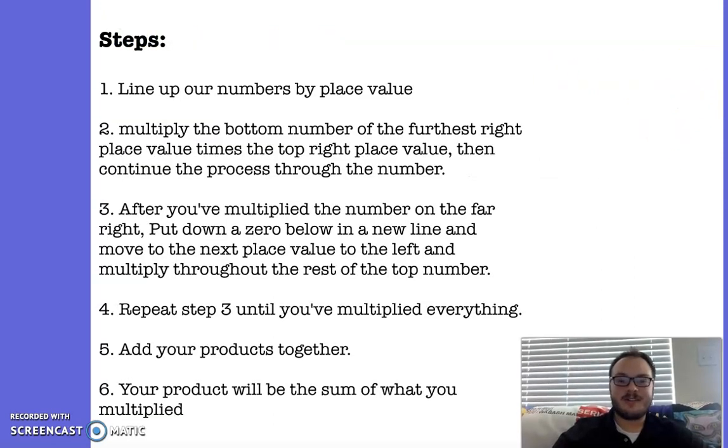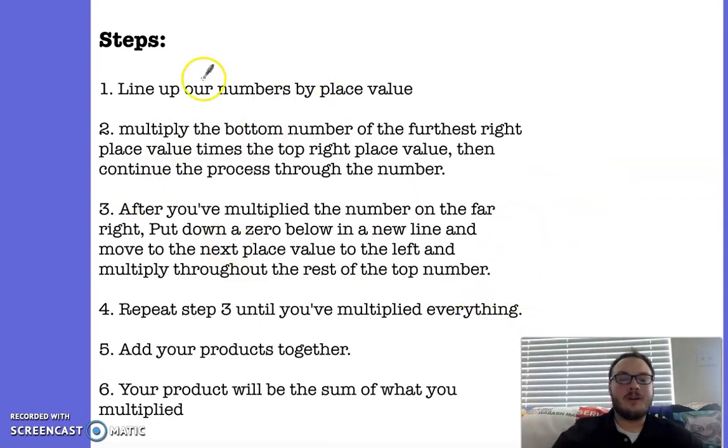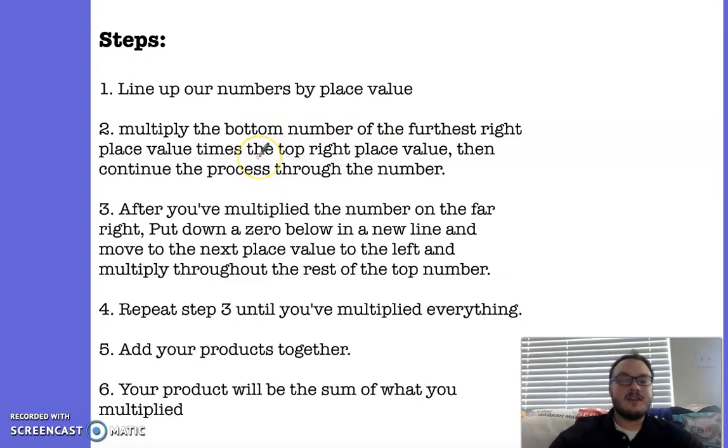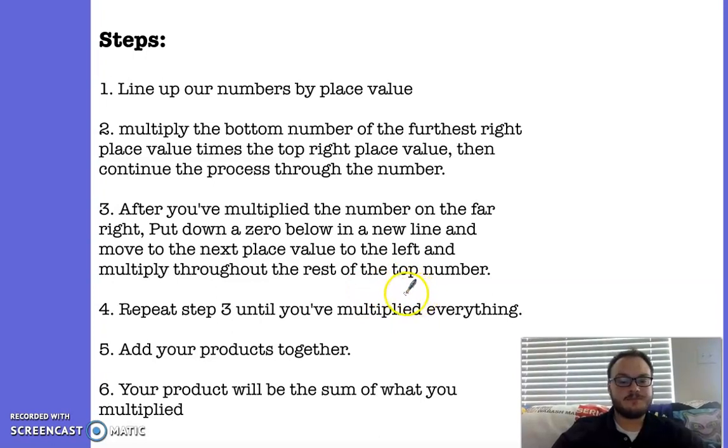So for our steps, this is a lot of steps, but I promise you it's not that bad. The steps go: 1, line up our numbers by place value; 2, multiply the bottom number of the furthest right place value times the top right place value, then continue the process throughout the number; 3, after you've multiplied the number on the far right, put down a 0 below in a new line and move to the next place value to the left and multiply throughout the rest of the top number.